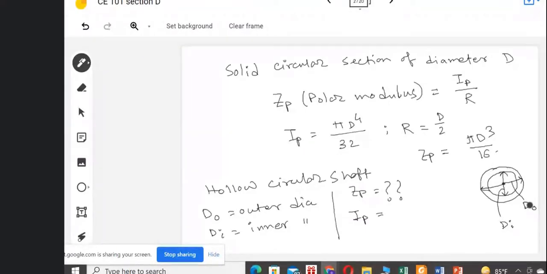So what is the area? How can we calculate the moment of inertia of a hollow circular section?